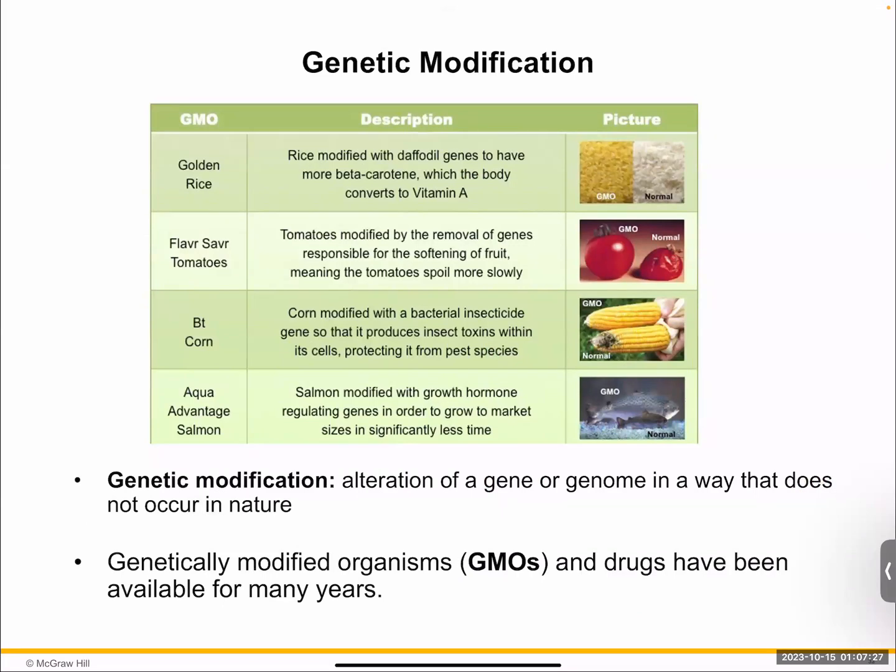This is something, again, I mentioned a few times: gene modification in terms of the food that we eat. I like this chart. You are welcome to read over this in a little more detail.